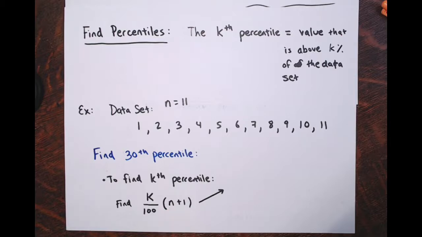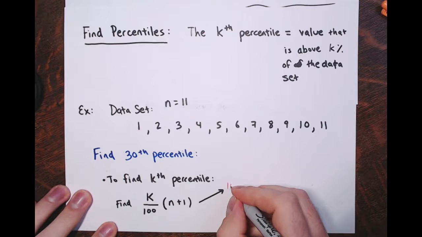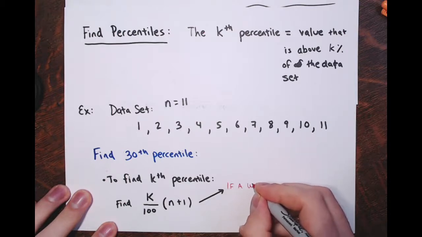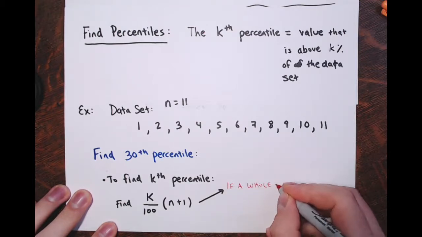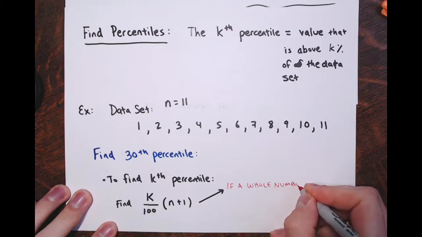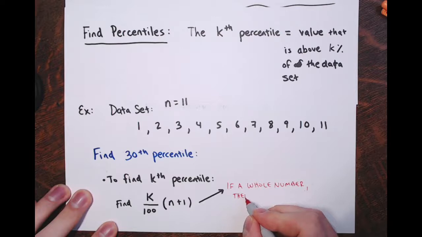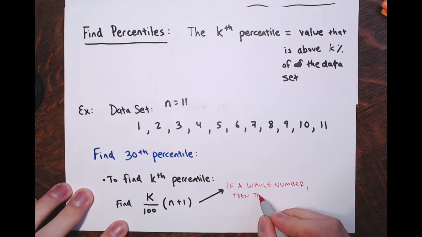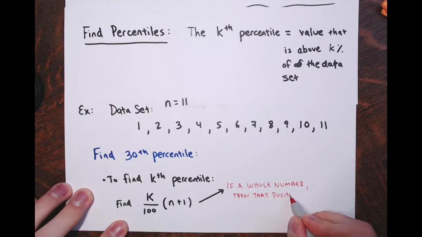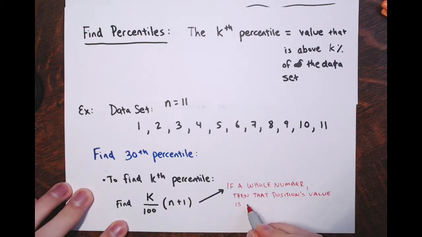If this is a whole number, then that position's value in the data set list is the kth percentile.